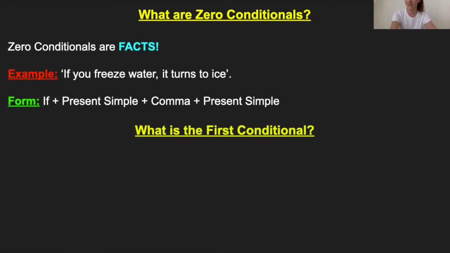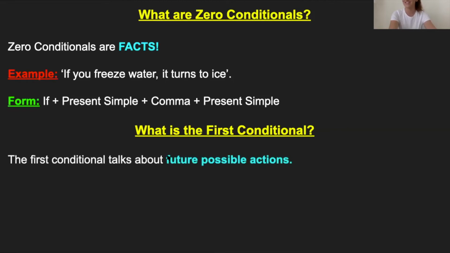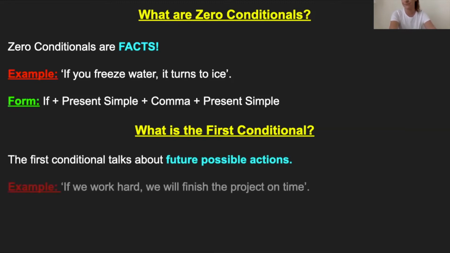Do you remember what our first conditional is? Also, do you remember how we formed them? And can you think of your own sentence example? Excellent. So, the first conditional is to talk about future possible actions. So, actions that may or will happen in the future.